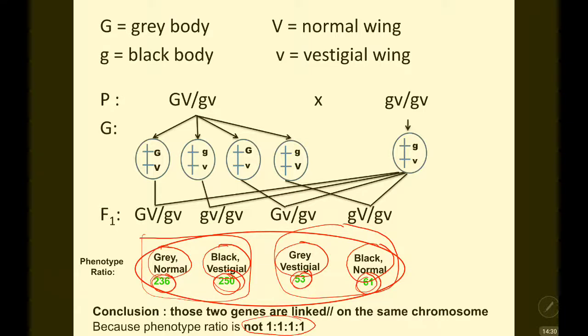The larger numbers are the parental genotype and phenotype. The smaller numbers are the recombinant genotype and phenotype. You can also draw the gametes like this, or using the way I showed you just now.